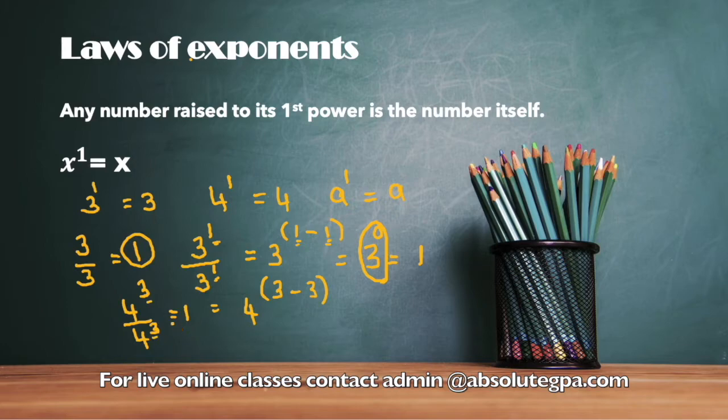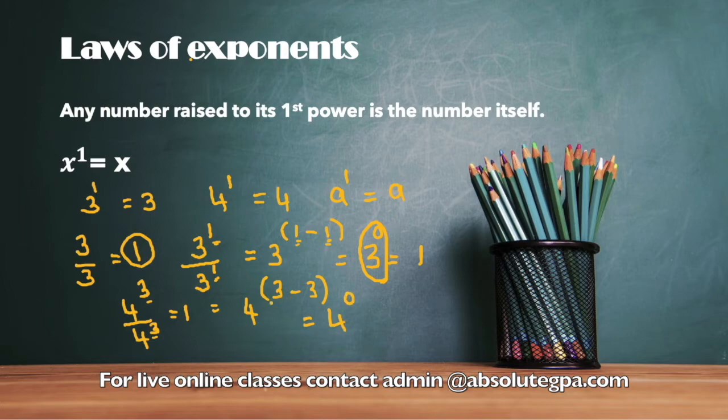That says if you divide two exponents with the same base, the resulting exponent would be the difference between the exponent of the numerator and the denominator. So we get 4 to the power 3 minus 3, which is equal to 4 to the power 0.